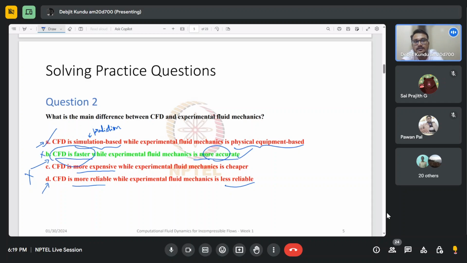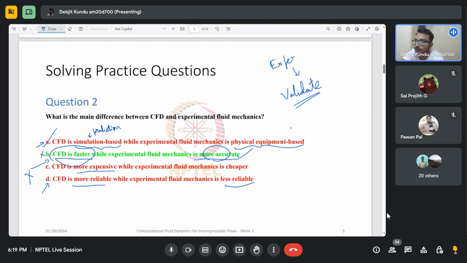Experiments are always more reliable than CFD. Anyone who has had some exposure to industry or academic CFD will know that when you propose a new scheme or a new model using CFD, you first have to validate it using experimental data. This validation is done with experiments since experiments are more reliable.